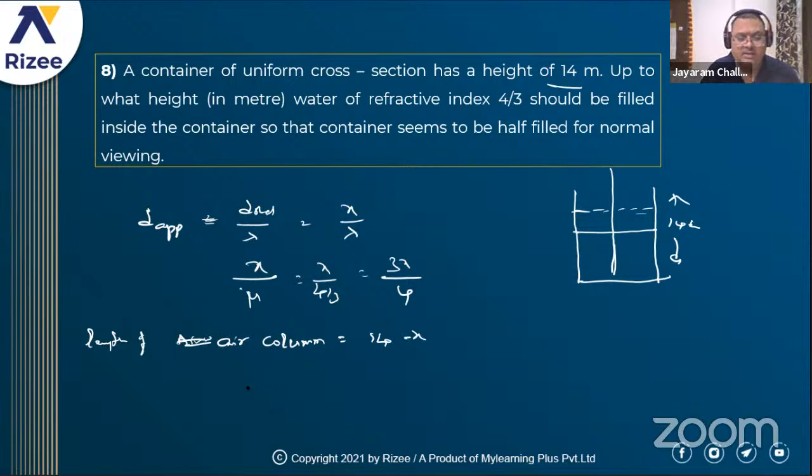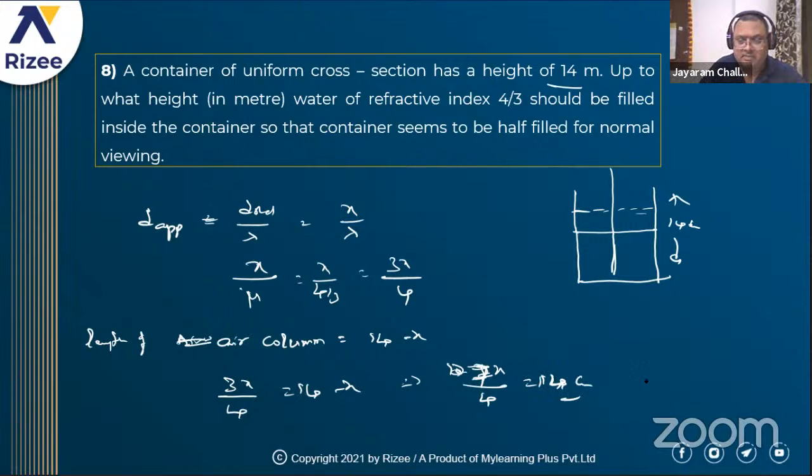So we can equate these two things, that is the real and apparent conditions, which will be 3x by 4 should be equal to 14 minus x. From this one, 7x by 4 is equal to 14 centimeters. In the sense, x is equal to 8 centimeters. So this is the condition.